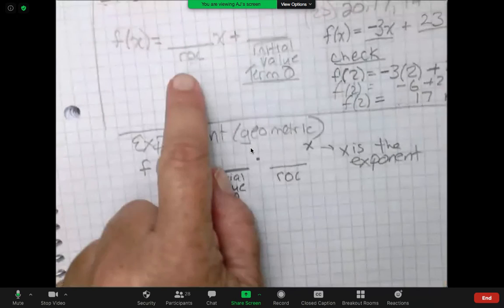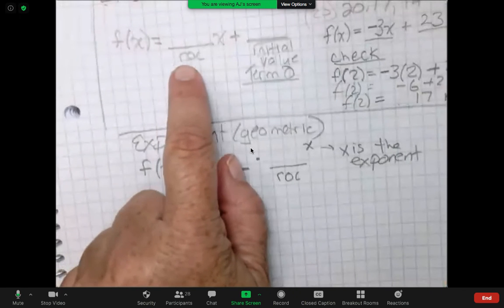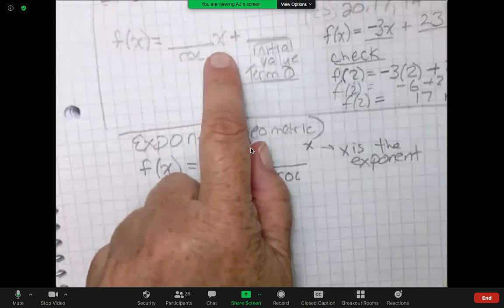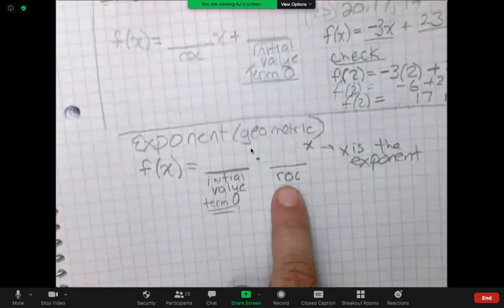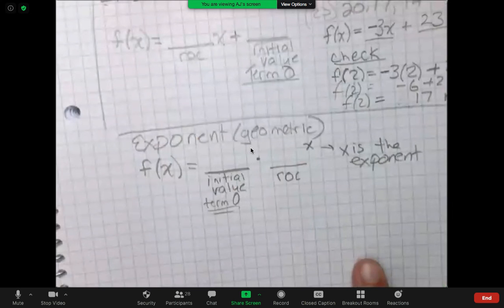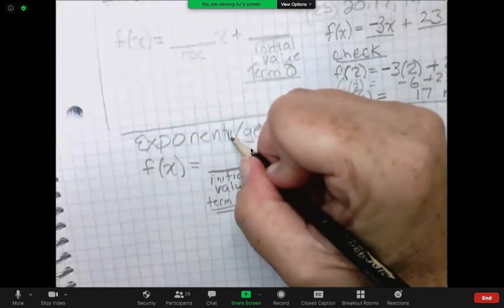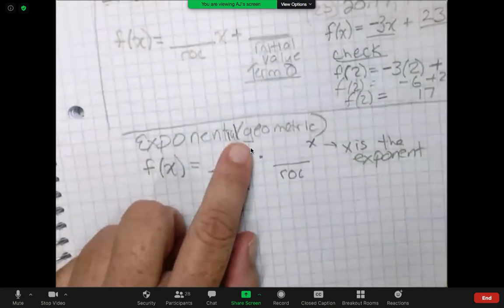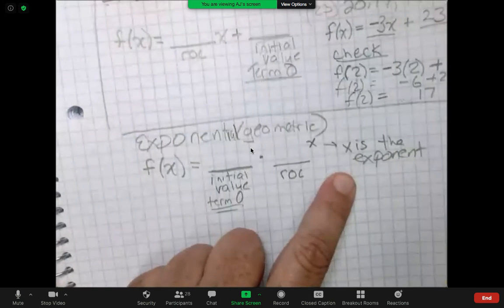And then look, these two are very similar. Linear was rate of change times x. Exponential is rate of change with x as the exponent. Get it? Exponential. Oh, I didn't even spell it right. Exponential, x is the exponent.